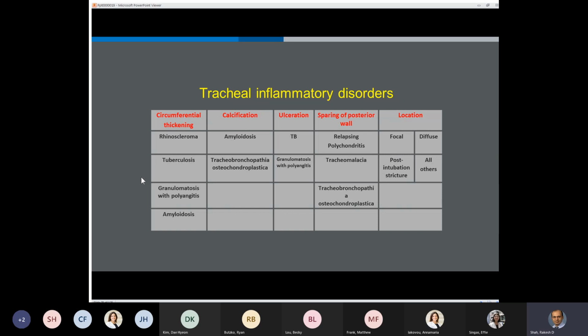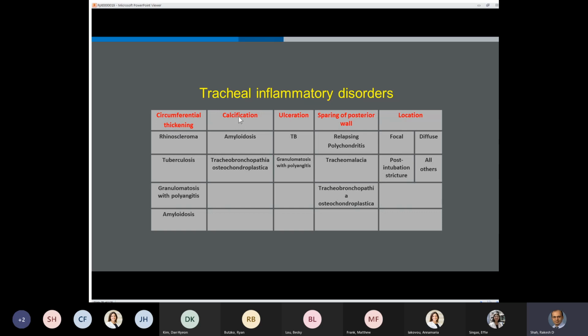I didn't mention sarcoid and inflammatory conditions like Crohn's, but they are even more rare, and the textbooks will talk about it, but I've never seen cases, but they are described in the literature. And then the other 2 are granulomatosis with polyangiitis, which we do see, and amyloid, which we'll see every now and then. So those will involve all the walls of the trachea.